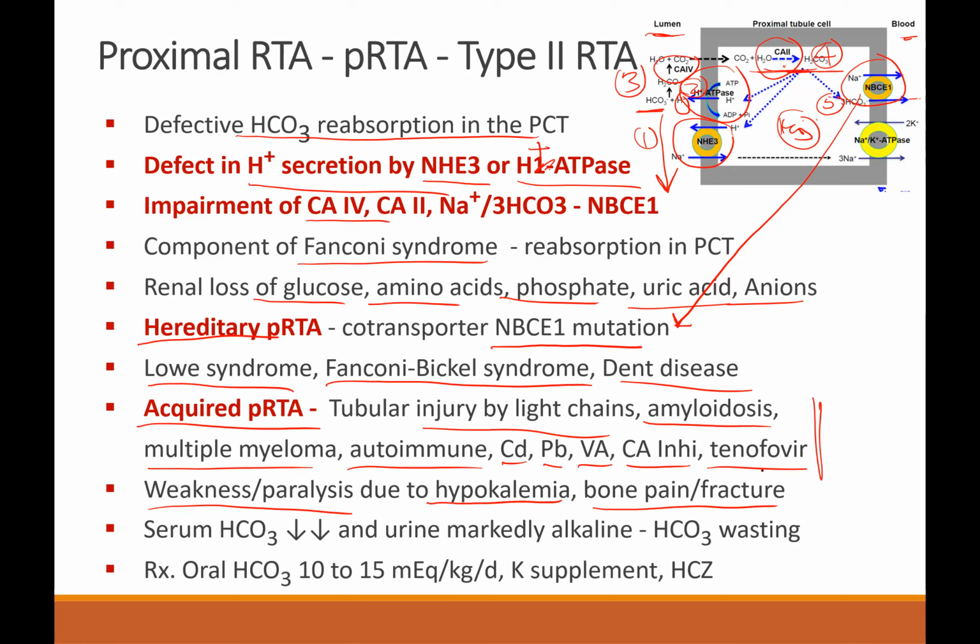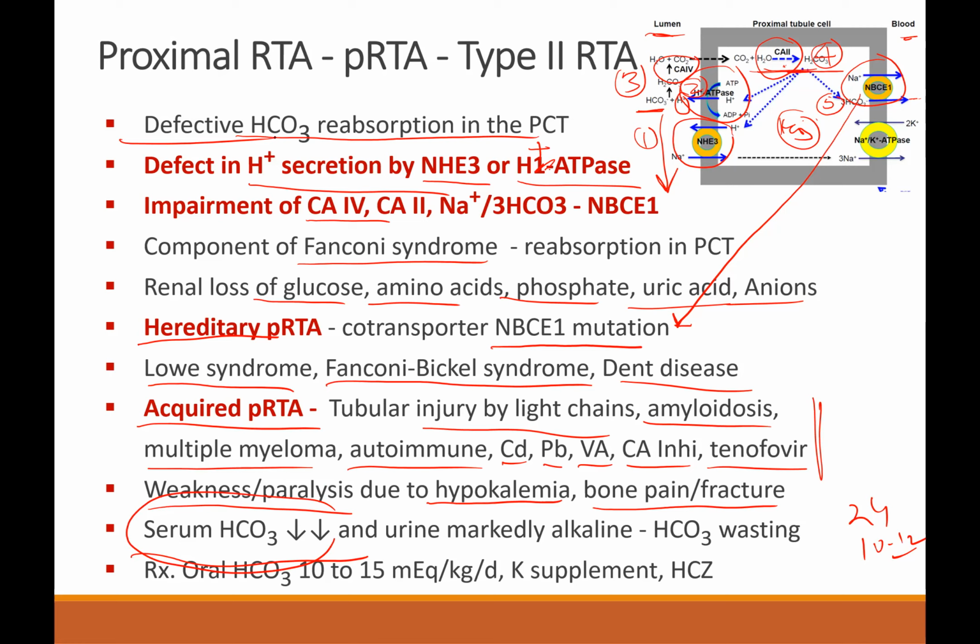So what will be the end result? Because of this, the serum bicarbonate is much lower. Normal is 24, here it may be 10, 12 like that, whereas in distal RTA it will not be that much lower, it is lower to 22, 20 like that. Here the bicarbonate lowering is much greater because the main mechanism, bicarbonate absorption, is at fault. And what happens to bicarbonate not absorbed?